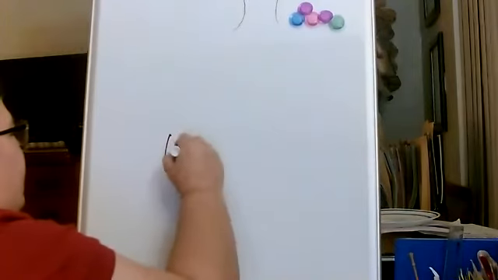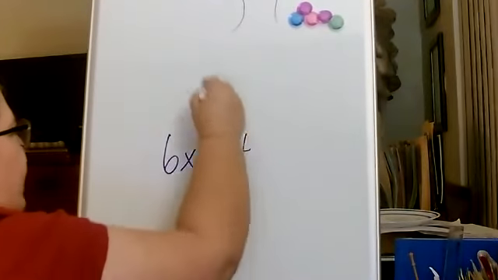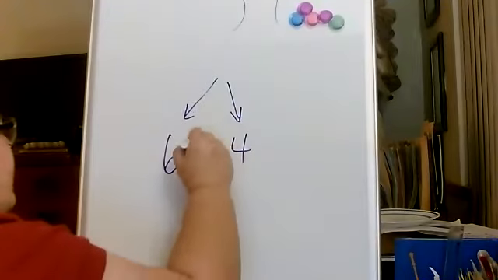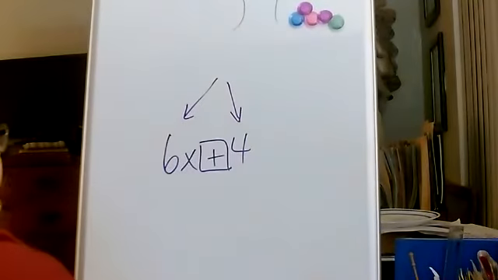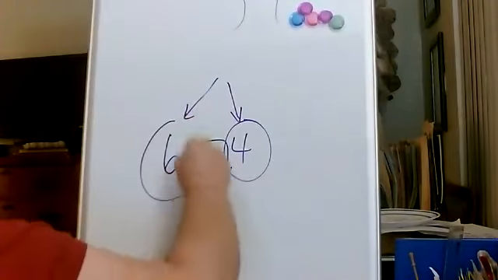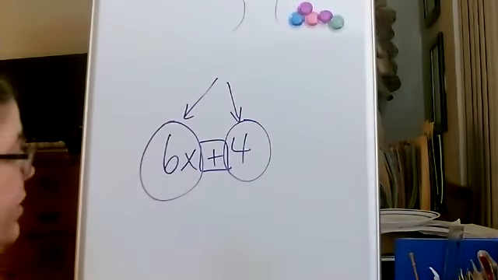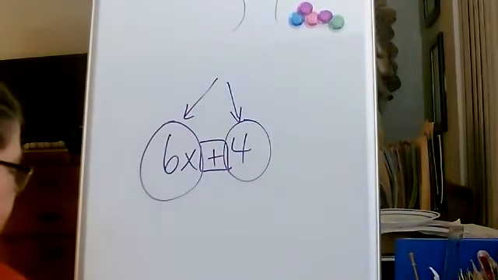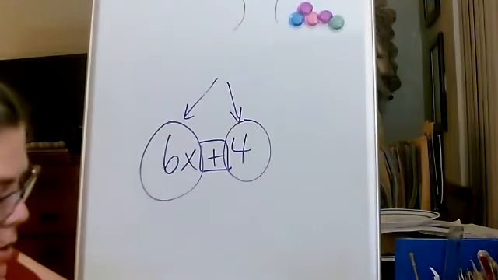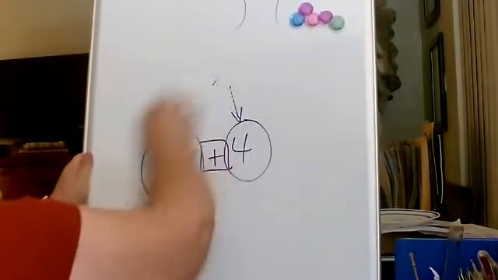So when it said 6x plus 4, this was a term and this is a term, and it's separated by this plus. So a number by itself or a number multiplied by a variable is a term. These are both terms. Good.